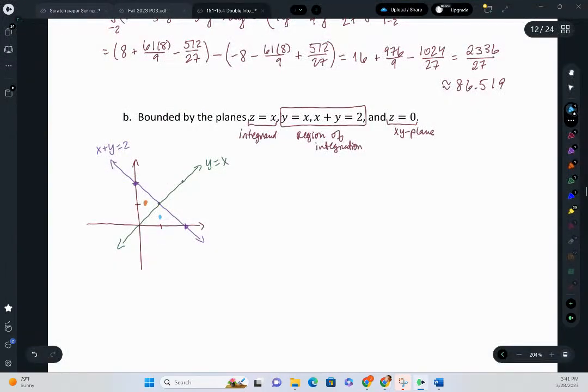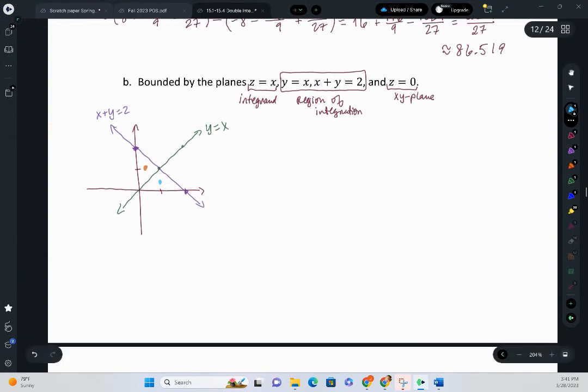But getting back to what we've got, another way to see this without using technology is to actually just draw for yourself a quick little XYZ octant and then put in the plane z equals x.